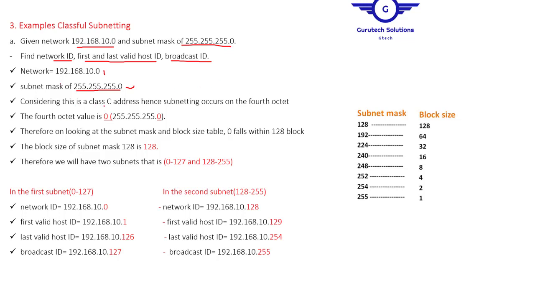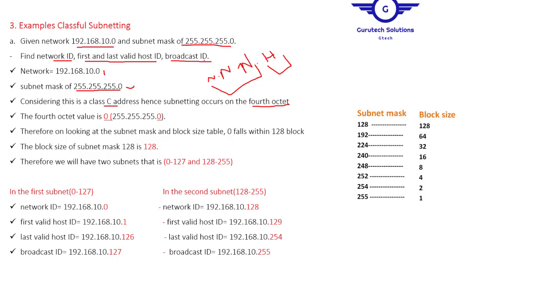Considering this is a class C address, subnetting occurs on the 4th octet. You could remember in a class C address there was something like n.n.n.h, and we realized that the first three n's represented the network portion, while the last h represented the host portion.